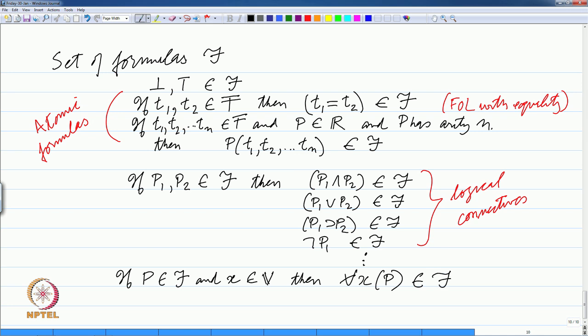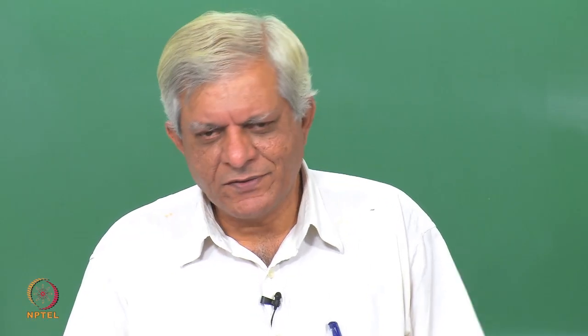So, if you are given any formula which we call p here, and if you are given any variable x, then we can construct a formula by prefixing this p with the symbol for all and followed by a variable x. We will read this as for all x p. So, for all x p is true. Notice that p may or may not have x inside, it does not really matter, it is a formula.